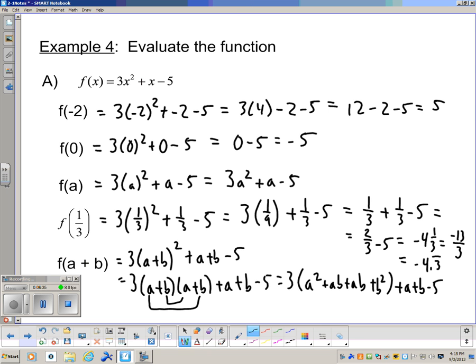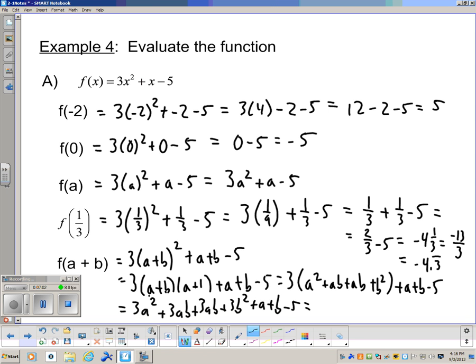Kind of running out of room here, but I'm going to see what I can do. So now I'm just going to go ahead and distribute the 3 through. So I get 3a squared plus 3ab plus 3ab plus 3b squared plus a plus b minus 5.